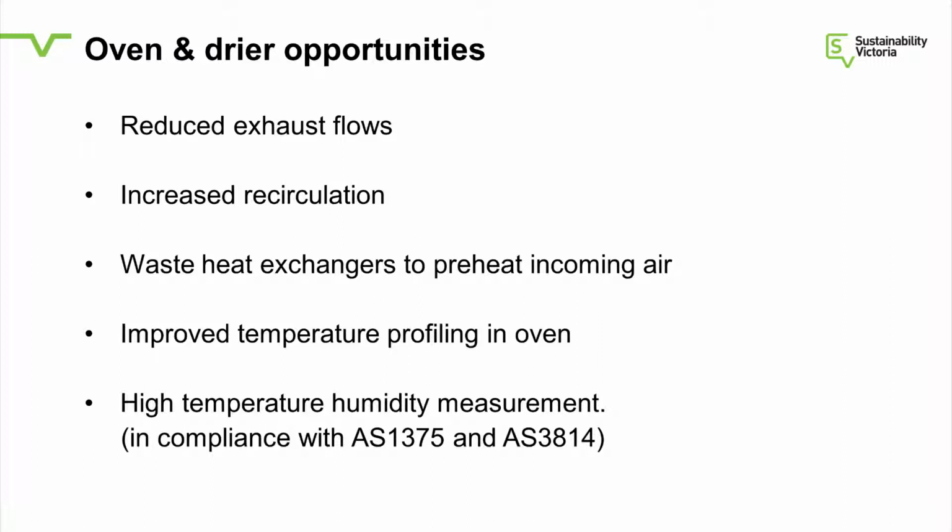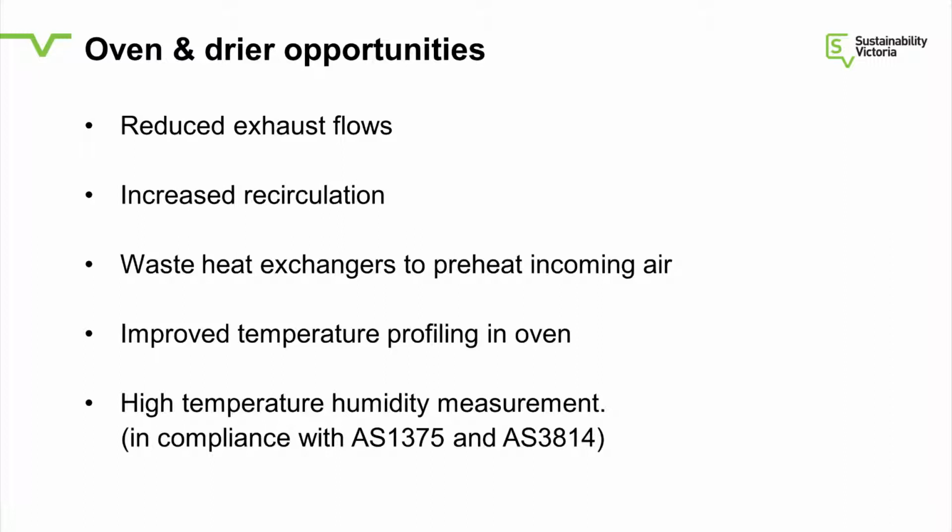Waste heat exchangers to preheat incoming air, again, you can use those. Improve temperature profiling in the oven so that again you only put as much heat in as you need to match the temperature treatment that you require. And then again, with these, say in milk dryers and those sorts of things, you have high temperature humidity probes to minimise the amount of air you need to do the effective process.